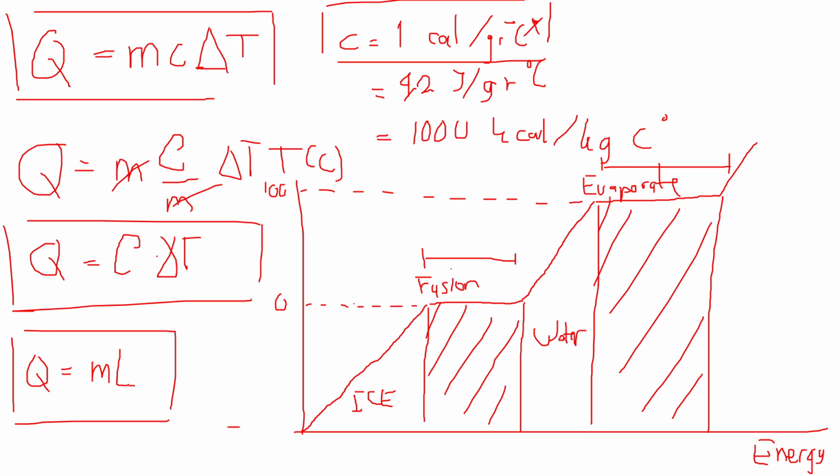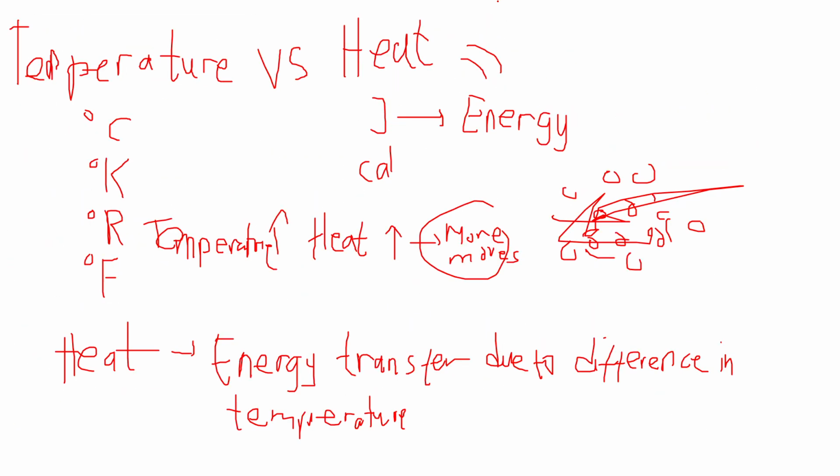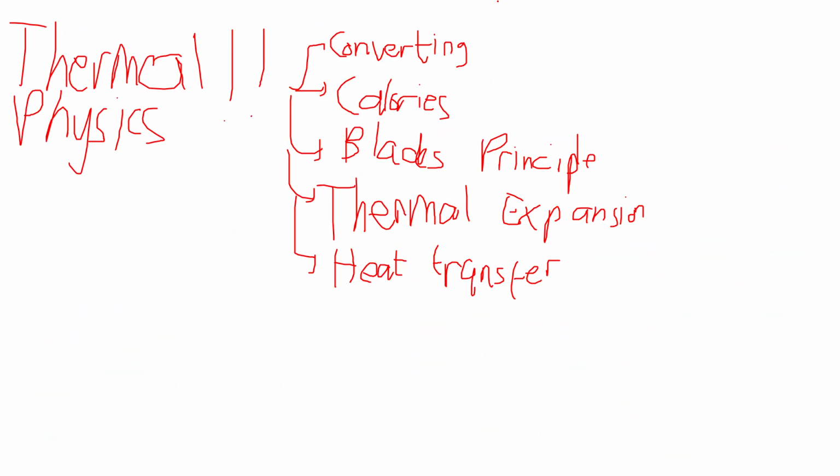And the unit is energy per mass. Remember these, guys: Q equals mc delta T, Q equals C, big C, times delta T, and Q equals m times L. And keep in mind, pay attention to the units. The units are really important, guys. Alright, what is next?